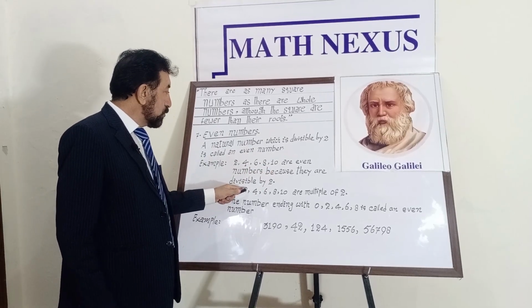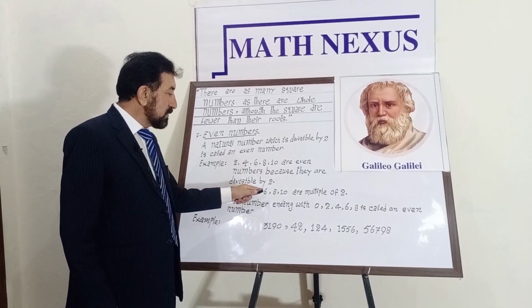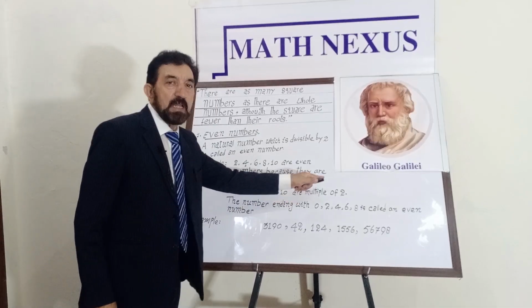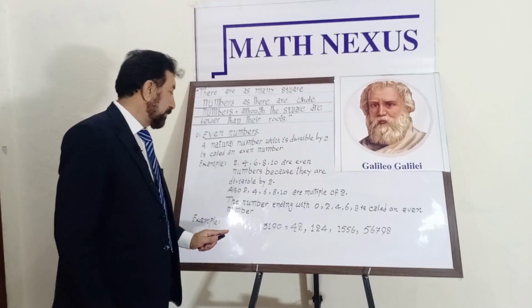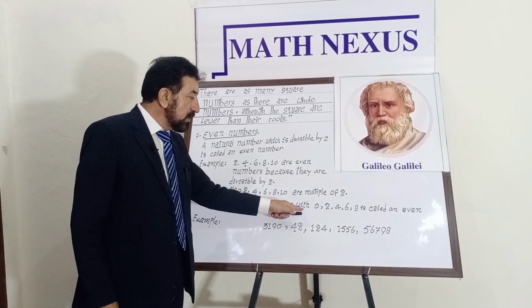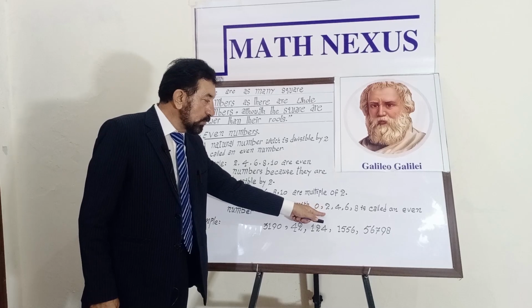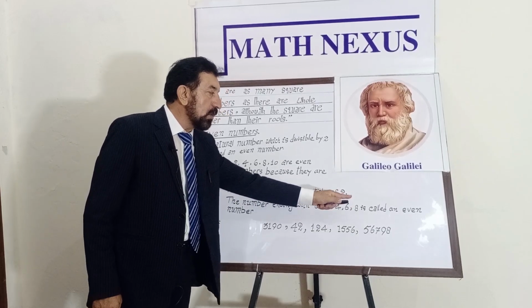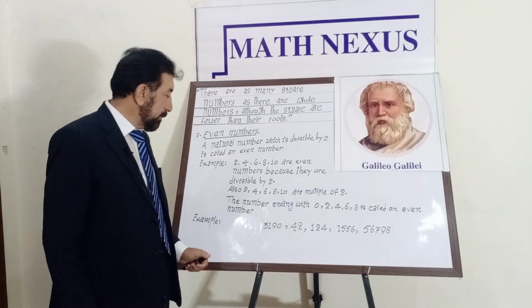Also, 2, 4, 6, 8, 10 are multiples of 2. A number ending with 0, 2, 4, 6, 8 is called an even number.